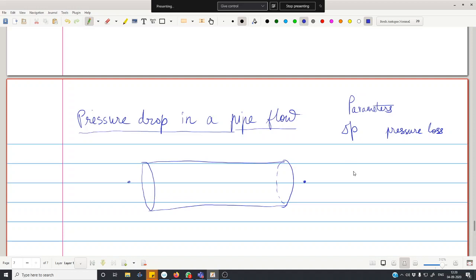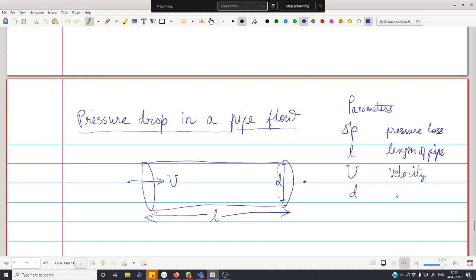Okay, what are the other parameters you can think of? The length of the pipe. Coefficient of viscosity. Okay, one by one. Velocity of flow. The diameter of the pipe.